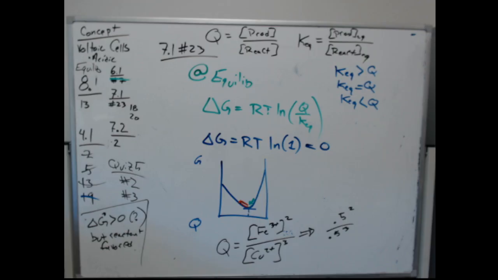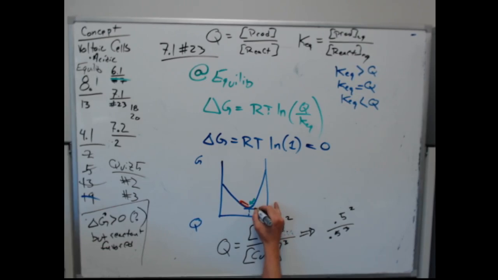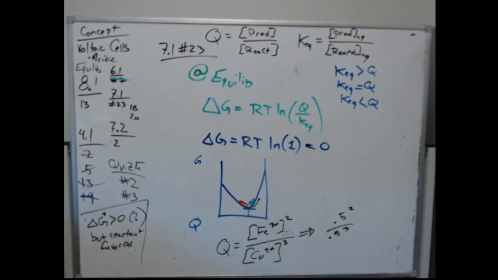Since it's 0.5 cubed on the bottom, a smaller number on the bottom, that's going to make our Q value bigger. And a Q value getting bigger is like moving this direction. So we're going to disturb the equilibrium, and then nature's going to come back at us and be like, nope, I want to go back. So we're going to disturb equilibrium towards a larger Q value, and then we're going to go back towards reactants.